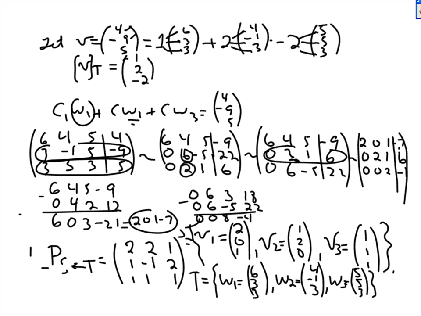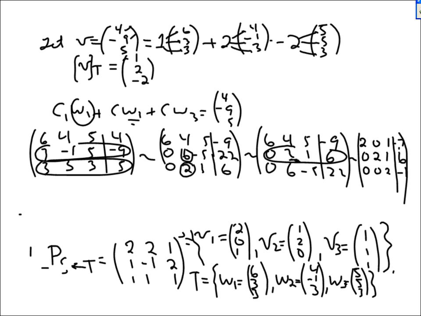Okay. Now, I'm going to clean up that last column by using the third row. I'm debating whether or not to divide by 2 to have fractions, but I just hate fractions. So I'm going to do 2 times the first row, and I am going to take away the third row from it.